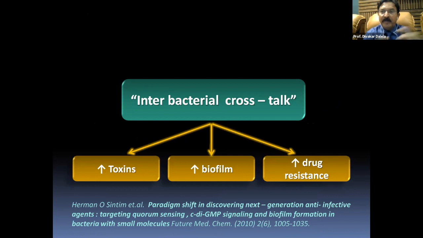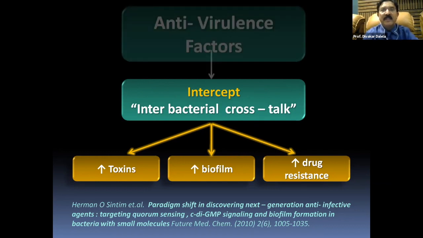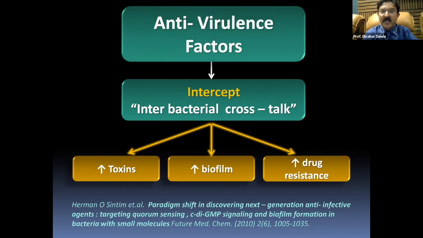They are able to group themselves in the form of a film called a biofilm, and then they're able to exchange amongst each other a capability to become resistant to the drugs, what's called drug resistance. So we have to somehow, as physicians or scientists, intercept interbacterial crosstalk. For doing this, we intend to use what are called anti-virulence factors.